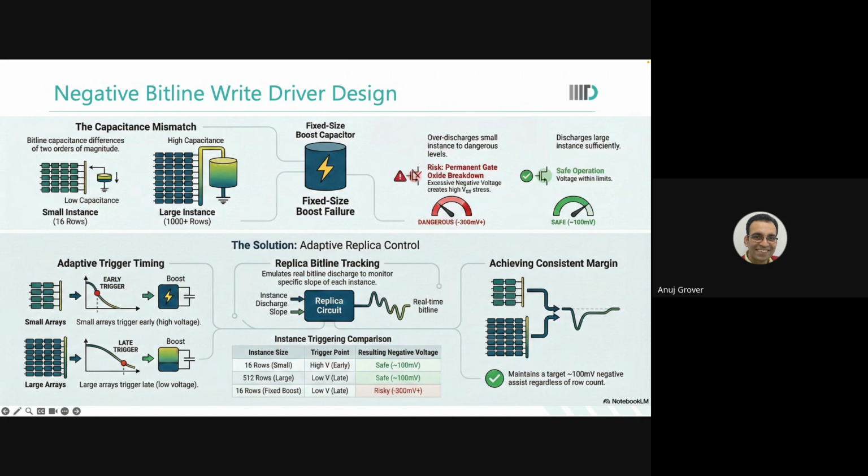In the first case, it is 0. In the second case, it is 0.6 into 1 pF, so 0.6 picocoulombs. Are you with me?